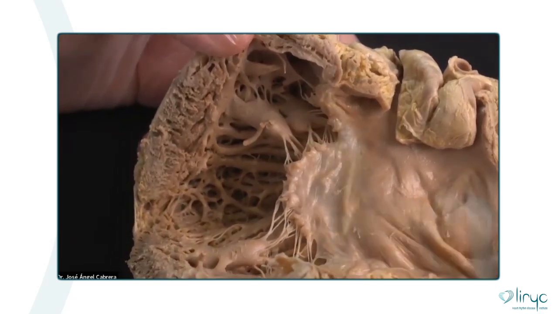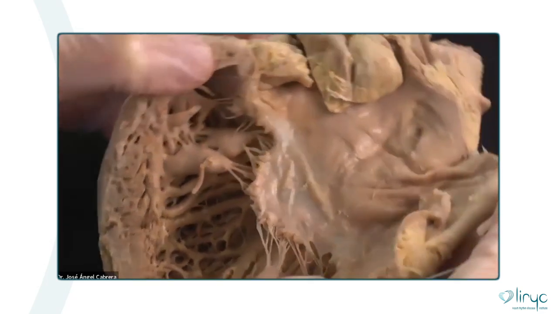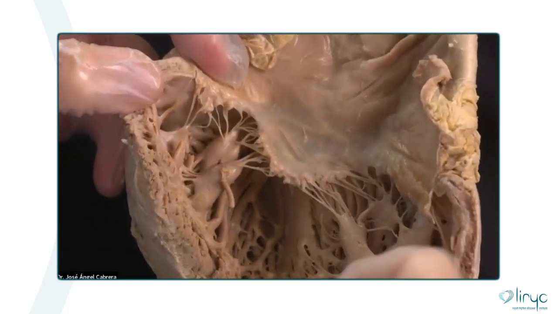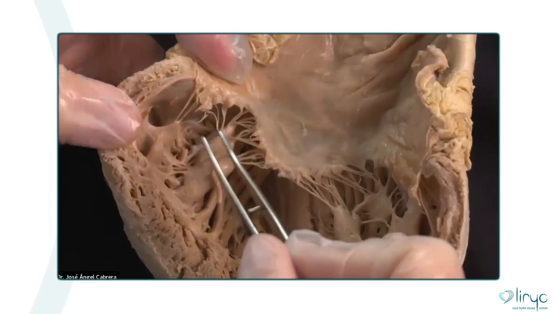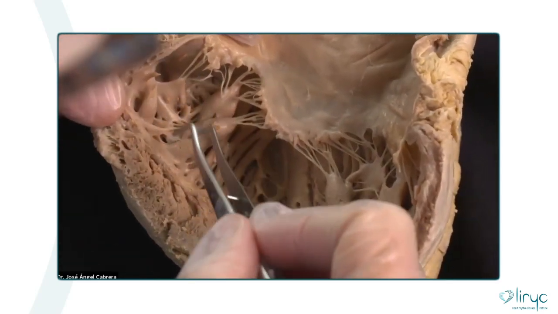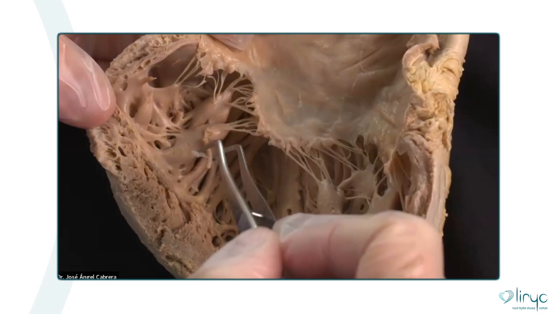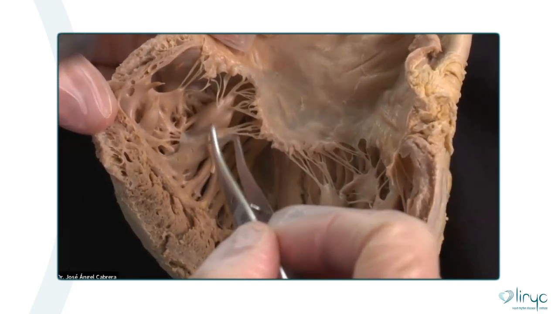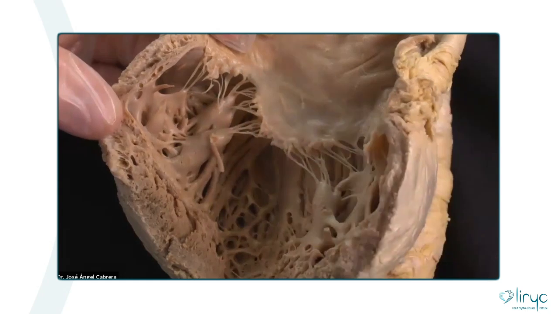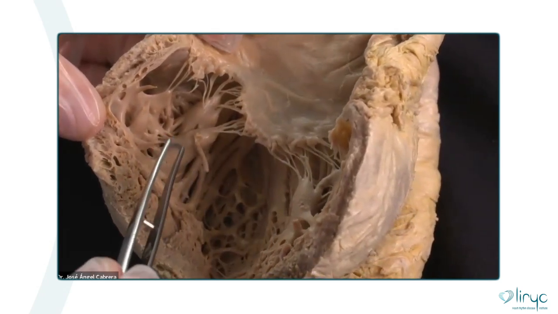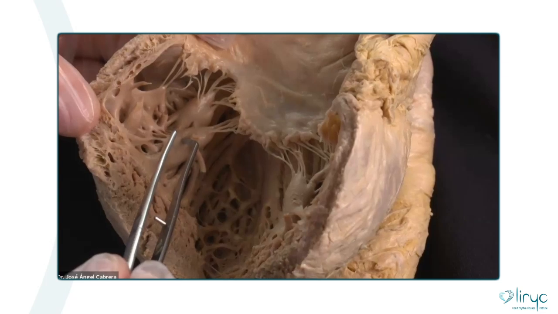With different heads, different bodies, several bodies, and look at the attachment of the papillary muscle inside the ventricle, the left free wall. And note the presence of this intermuscular connection in the papillary muscle.